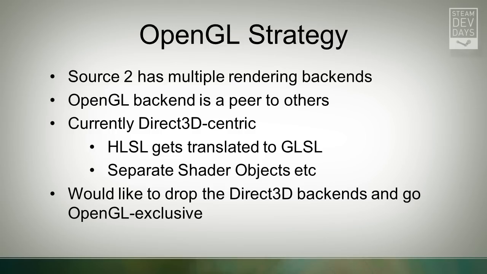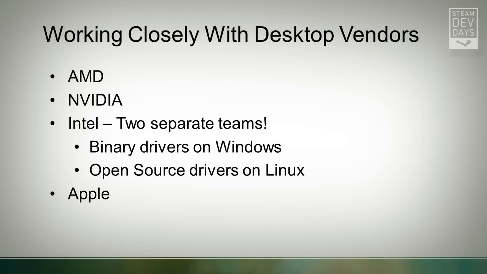For example, we rely on separate shader objects, that is, a separate vertex, pixel, geometry shader, et cetera, rather than one big monolithic pipeline like you would see in unextended OpenGL. We also translate our HLSL to GLSL. So we still have some D3D-isms to work through, but we would like to stop doing that and just write GLSL, just write to OpenGL, and maintain one 3D API, one renderer across all of our various targets.